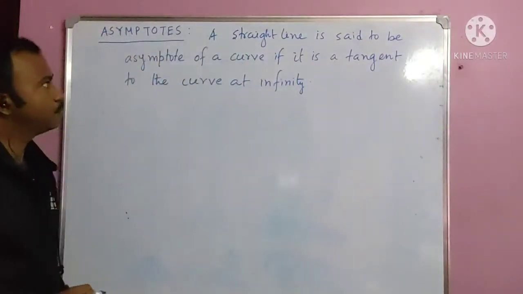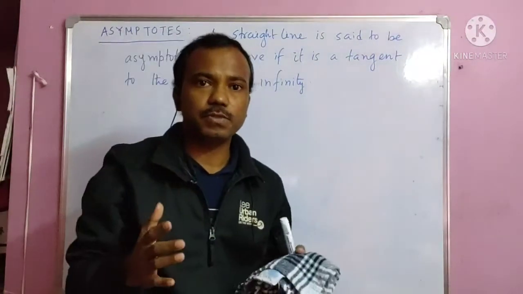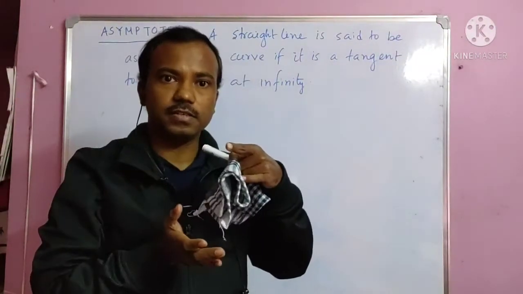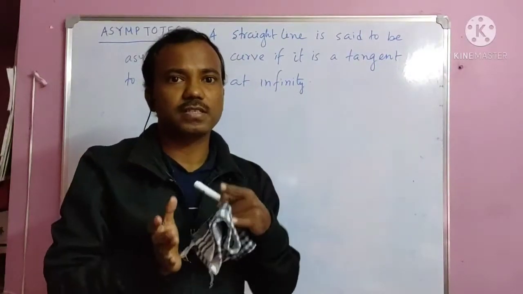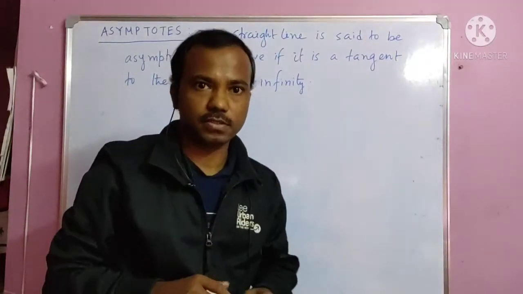Okay, so the definition says that an asymptote is a straight line which becomes tangent to that curve at infinity points.